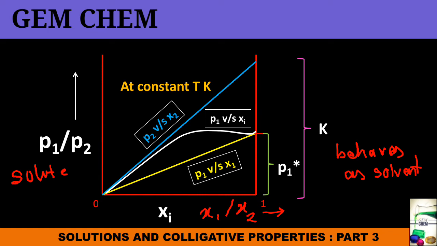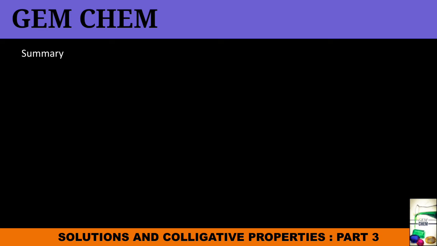When x1 tends to 1, the solution is a dilute solution, that is only solvent. So it obeys Raoult's law, and the solute present in it at that time has x2 nearly 0 and follows Henry's law. So this is important, and the solution which follows both the laws is an ideally dilute solution. Remember, this is very important and both should be followed in order to become an ideally dilute solution.